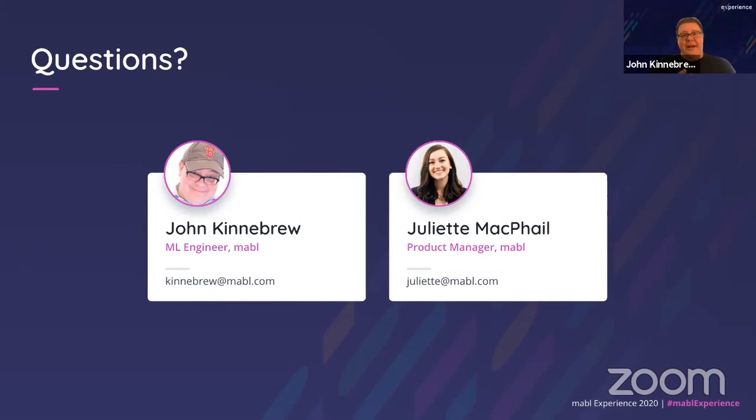Yes, so Juliet talked a little bit about this, all the different attributes. So many different attributes that the individual element that you selected, like let's take that earlier example with the radio buttons. You clicked on that input. Mabl's going to capture all of the different attributes on that input, things like the ID, things like the text, if there were any.